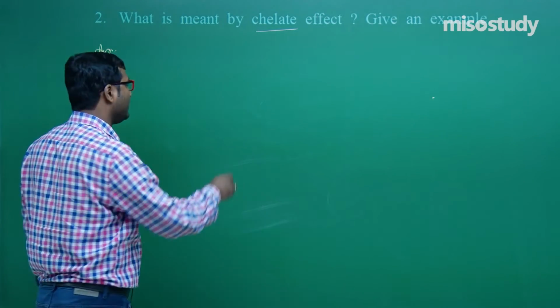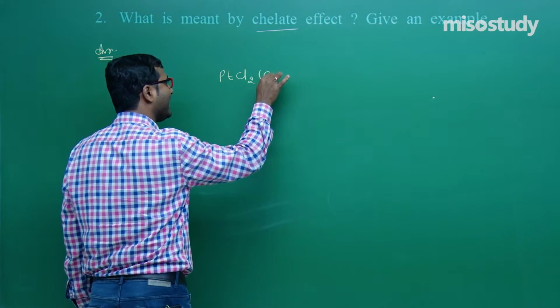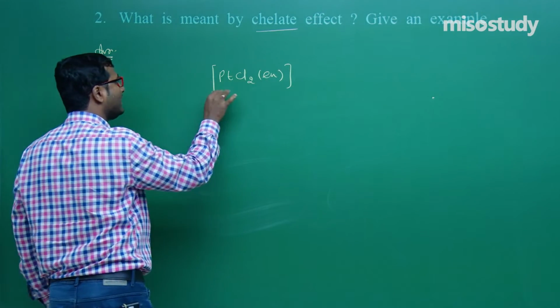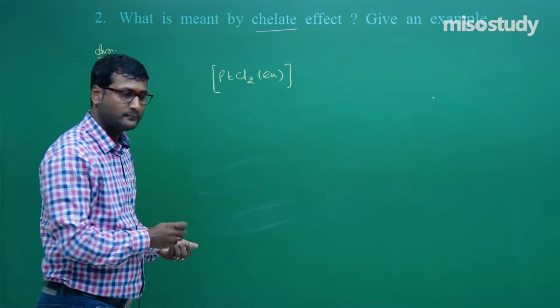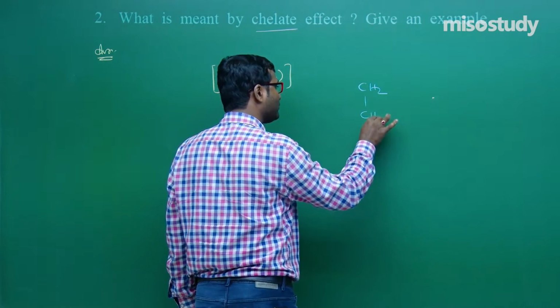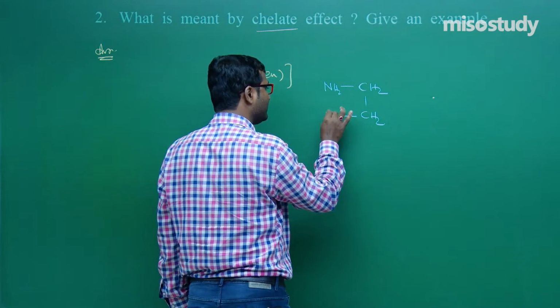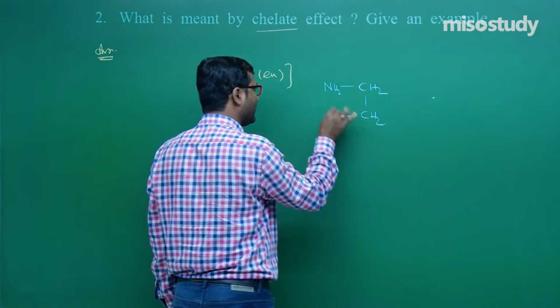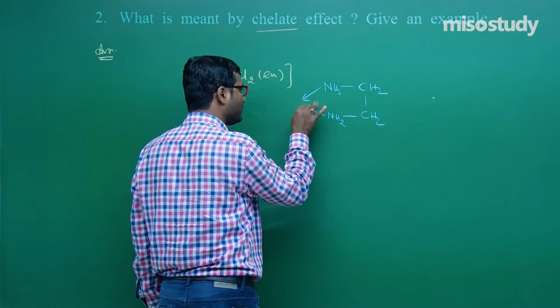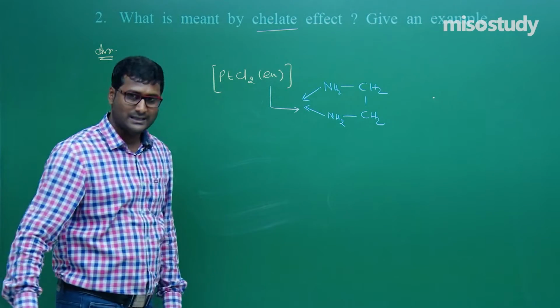For example, if I take PtCl2(en), en is ethane-1,2-diamine. That is the case, my friend. CH2, that is NH2, and here is NH2. Here the donor atom is nitrogen. That is the en, ethane-1,2-diamine.